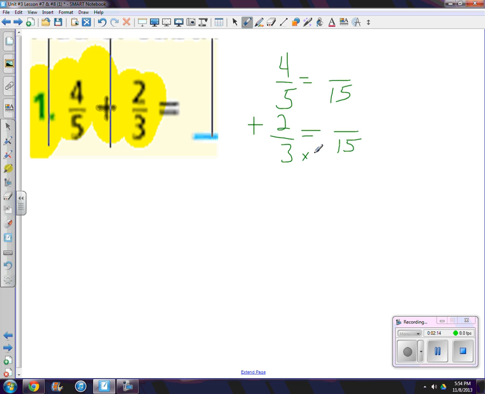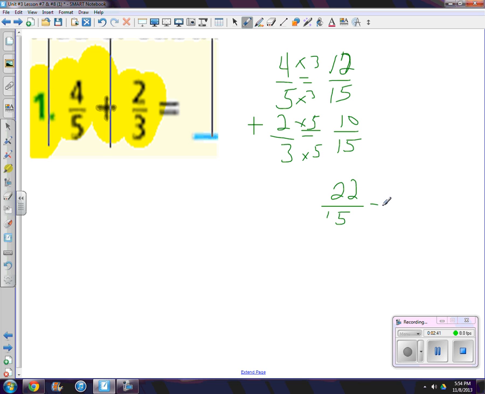3 times 5, what I do to my denominator, I must do to my numerator. 2 times 5, 10. 5 times 3, 4 times 3. Oops, sorry about that, 12 I mean. And 12 plus 10 is 22 over 15.